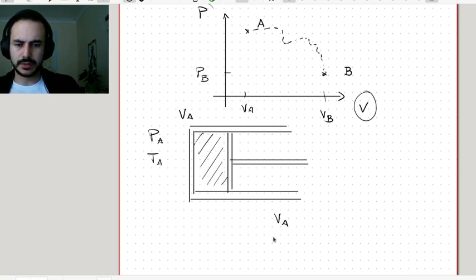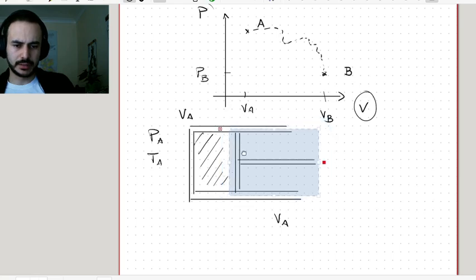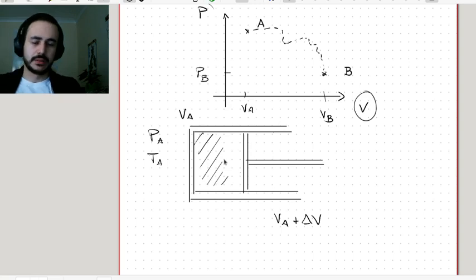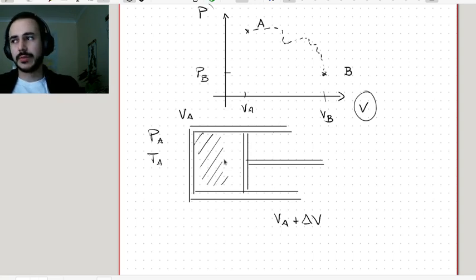Now instead of changing the volume from VA to VB, we just open up the piston a tiny bit, so now our volume is VA plus delta V. Again, the same thing happens. The system is temporarily out of equilibrium. There will be some transient dynamics, and the system will re-equilibrate and define a new value of pressure and a new value of temperature.